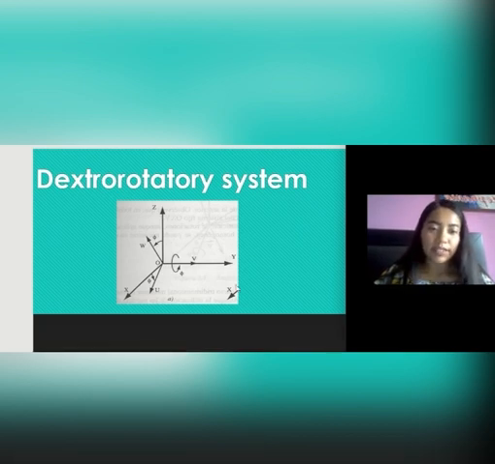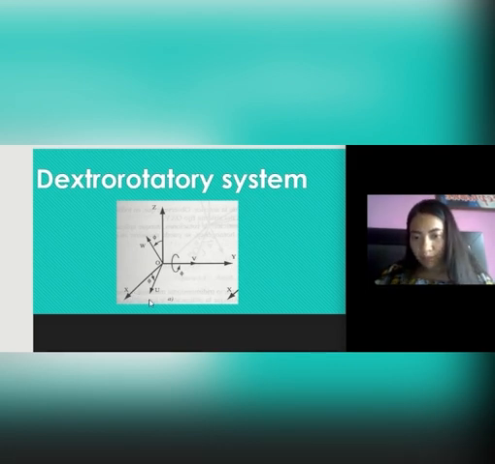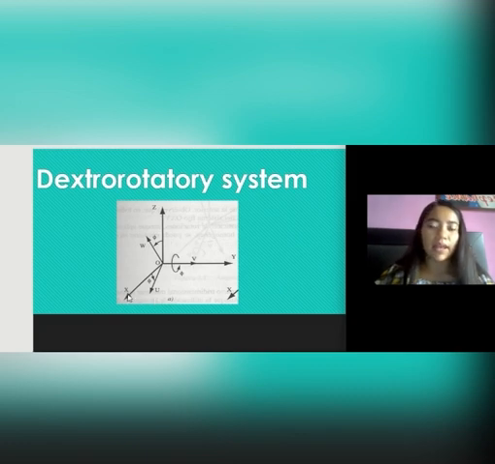For example, in this figure, here is z because it is always above, and at the sides we locate the x and y.